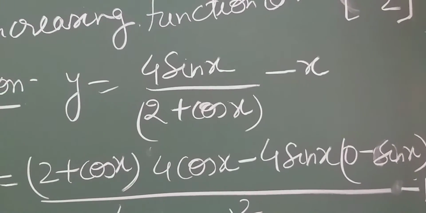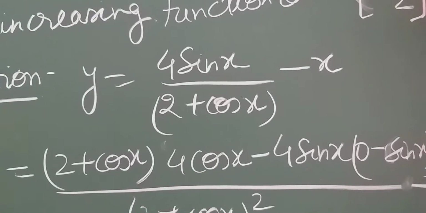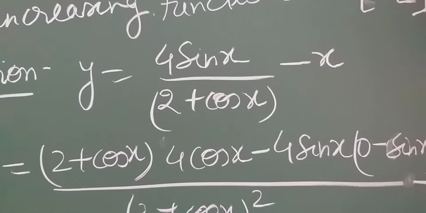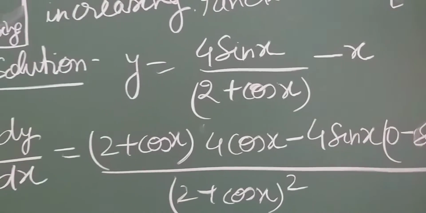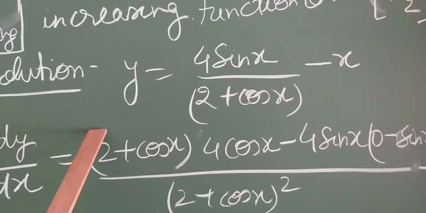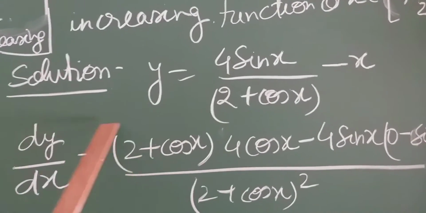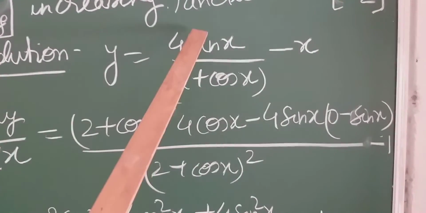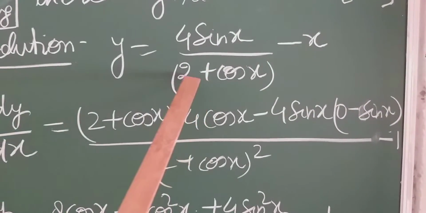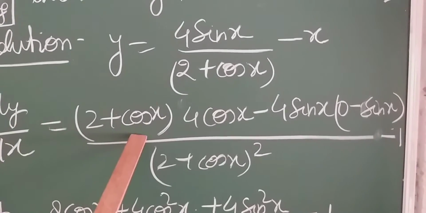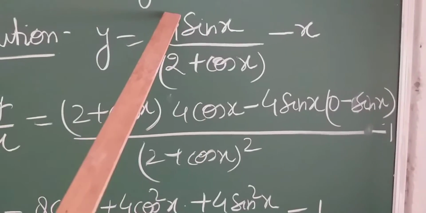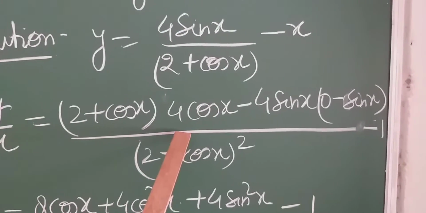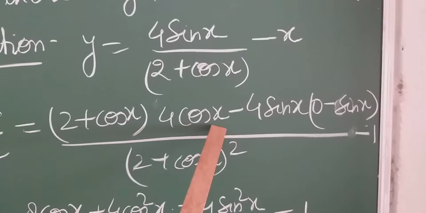To find out whether it is increasing or decreasing, we first have to find its derivative. So let us differentiate both sides with respect to x. So dy by dx equals to, we are going to use the quotient rule here, 2 plus cos x as it is, derivative of the numerator 4 sin x, 4 cos x, students.